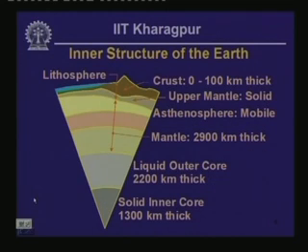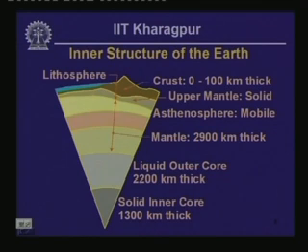Okay. Now, before we get into plate tectonics, let us recapitulate the inner structure of Earth. If you may recall, we have a crust of approximately 0 to 100 kilometers thick, underlain by the upper mantle, and the upper mantle and crust are composed mainly of solid and brittle rock.